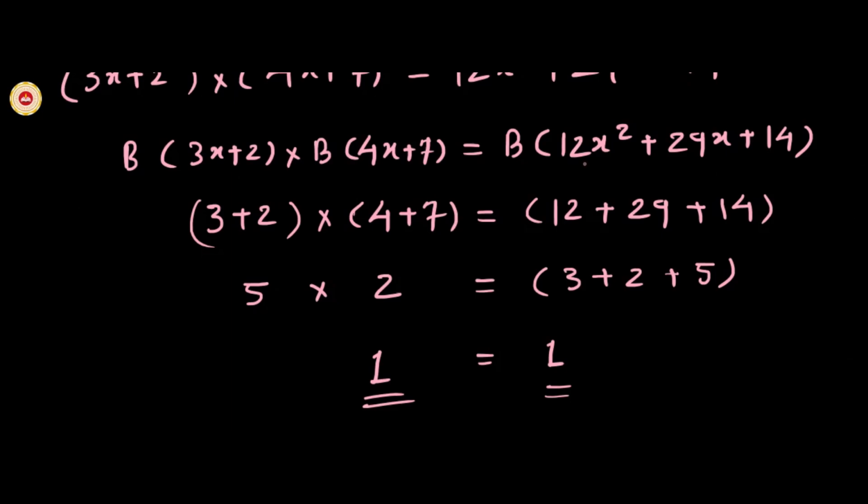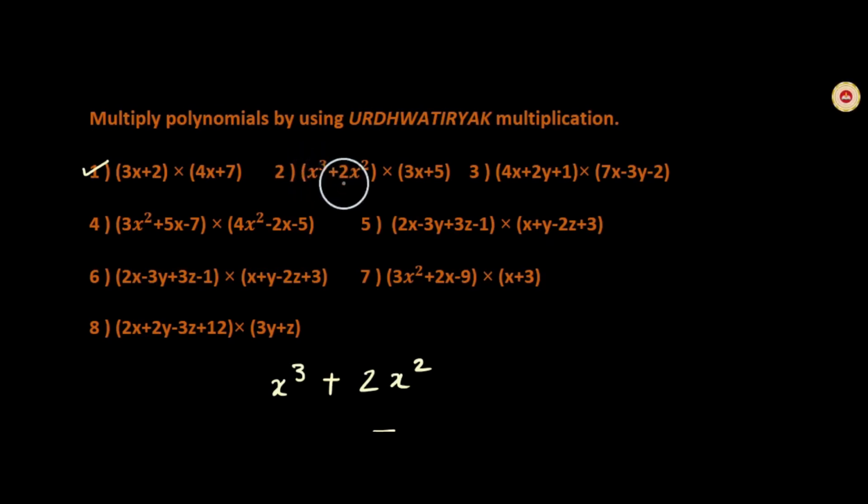Just add the coefficients of those variables. Those variables means variables present in the given polynomials, right? So next example, second example, x cube plus 2x square multiplied by 3x plus 5.